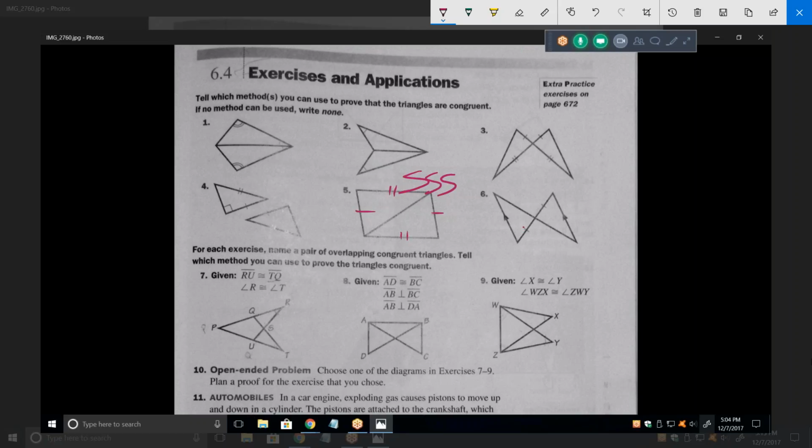Let's see. We got that equals that. And what else do we know? We know that vertical angle theorem would make those two angles congruent. Now notice we have some parallel lines. What does that tell me?